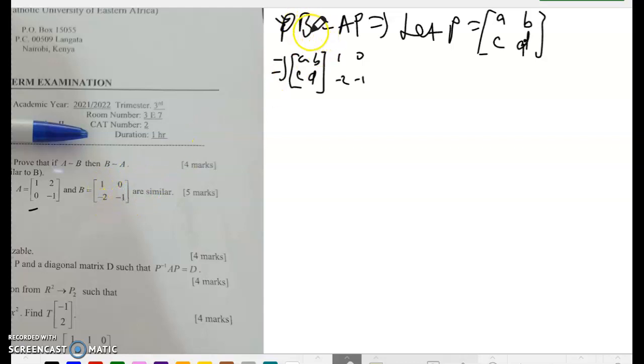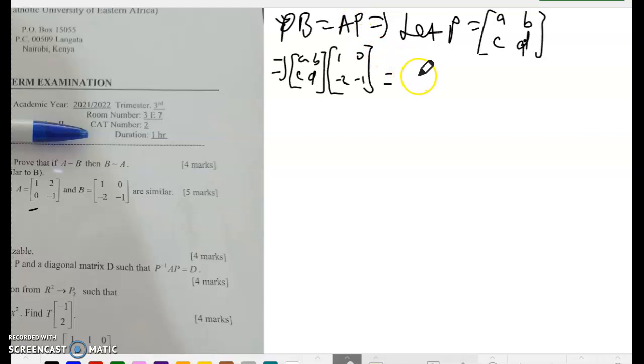So we are looking for PB, where this is our P and this is our matrix B, and this must be equal to AP.